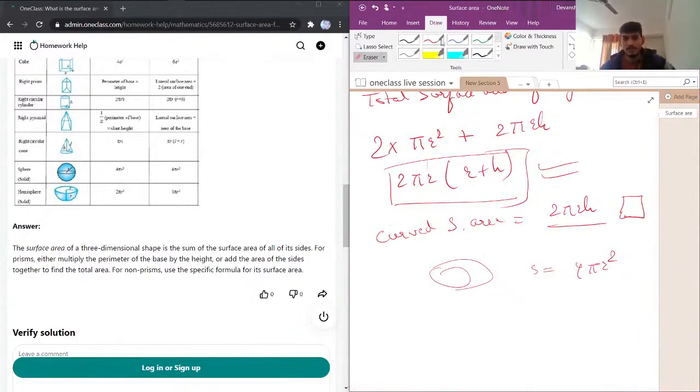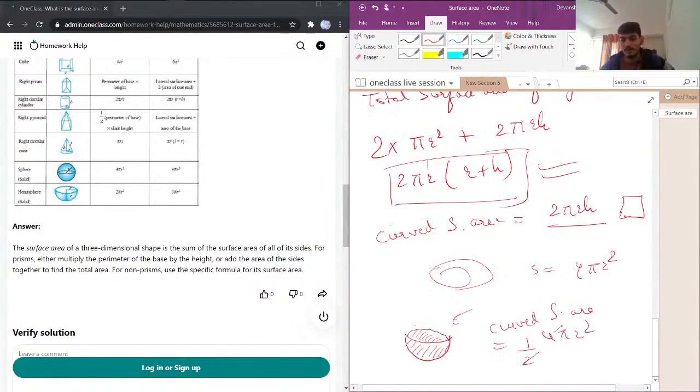So for a hemisphere, we have this half sphere part and we have this base part. So in this case, the curved surface area will be equal to half of the total surface area of a sphere. We can just cancel this and we'll get 2 pi r square.